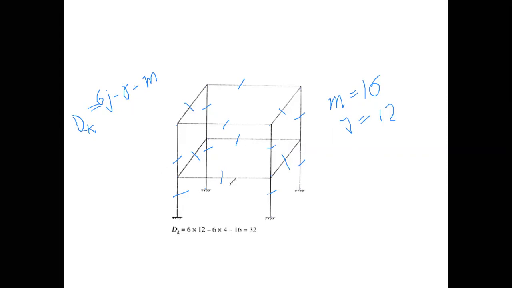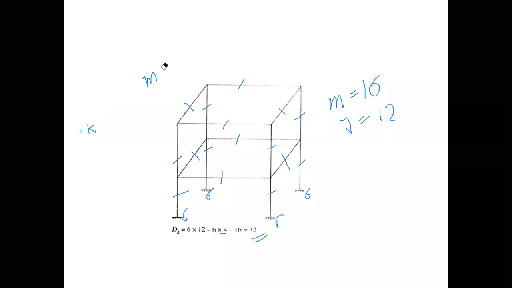I told you for a space frame, if the end is fixed, the total number of reactions at each end will be 6. So 6 over here, 6 here, 6 here, and 6 here also. So it is 6 multiplied by 4, because 4 joints are fixed, minus 16. 16 is again the number of members. See over here, it is minus 16, that is 32. The degree of kinematic indeterminacy in this case is 32.